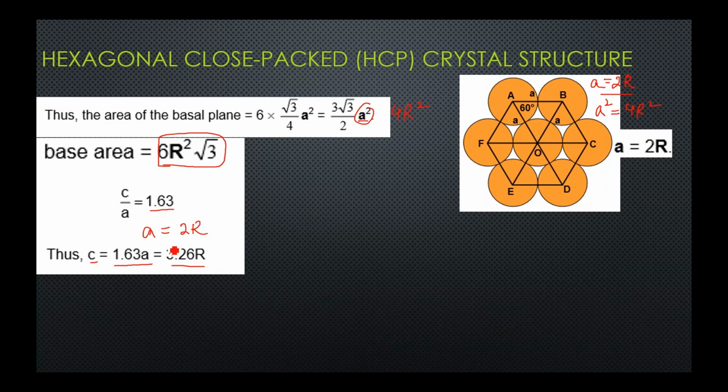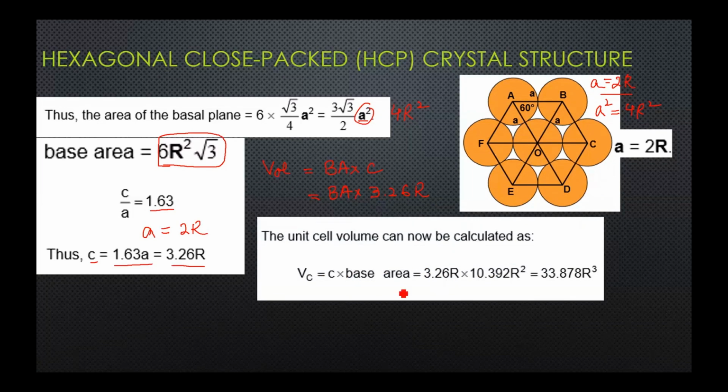Now, once I have this relationship for c, the volume of the unit cell is essentially basal area multiplied by c or basal area multiplied by 3.26 r.